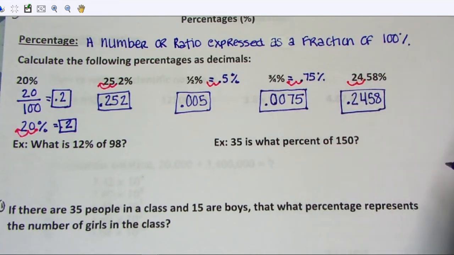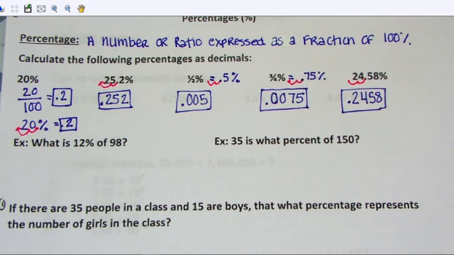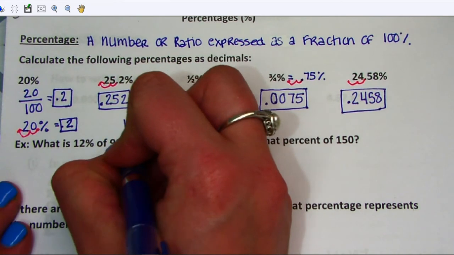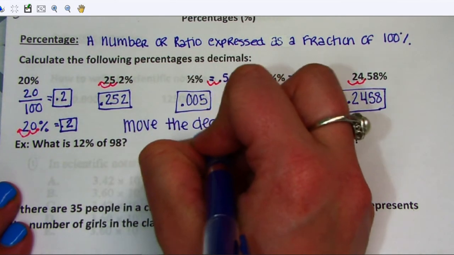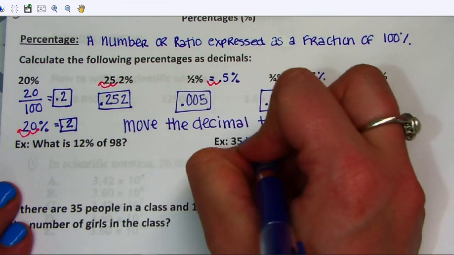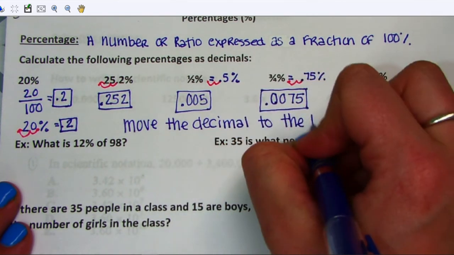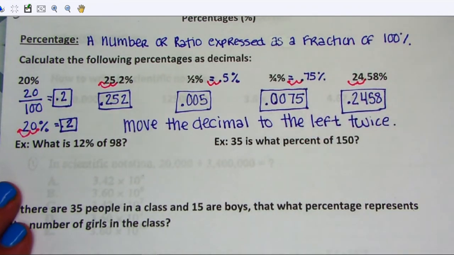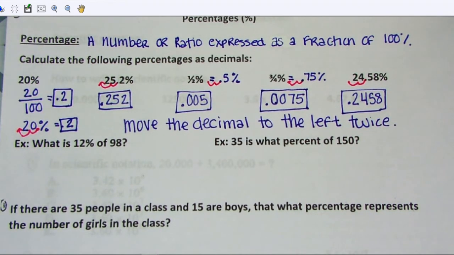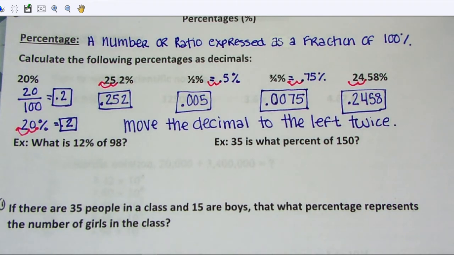Okay. So anytime you have a percentage and you want to make it a decimal, remember all you're going to do is move the decimal to the left twice. Now, if you have a decimal and you want to make it a percent, you just do the opposite.